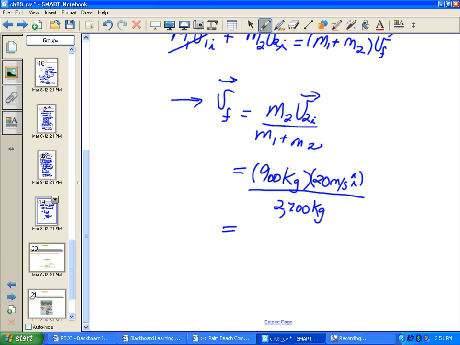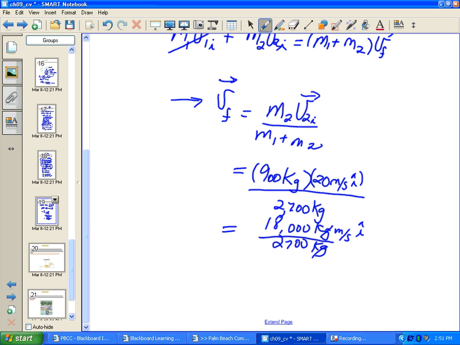And if we plug this into our calculators real quick, which I am going to do right now, since I'm afraid that I may have the wrong numbers, 18,000 kilogram meters per second in the i-hat divided by 2,700 kilograms. The kilograms, of course, cancel.